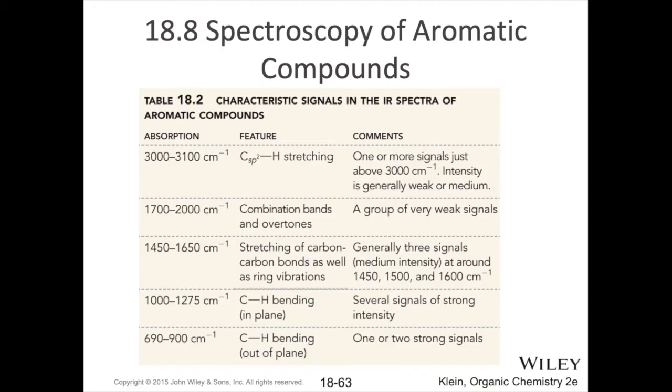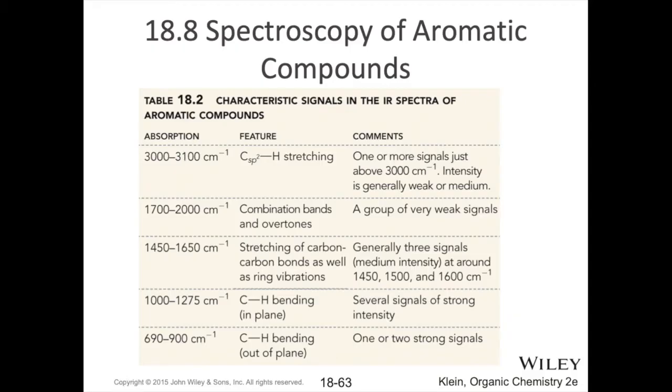If we're looking for those carbon-hydrogen stretches, remember, carbon-hydrogen bonds generally show up around 3,000 wave numbers. Typically, if you have an sp3 carbon, they'll show up below 3,000, but since we have sp2 carbons here in our aromatic compound, they're going to show up in that 3,000 to 3,100 wave number range.